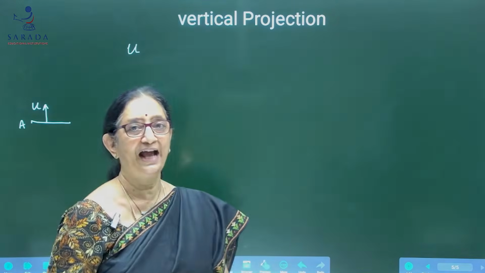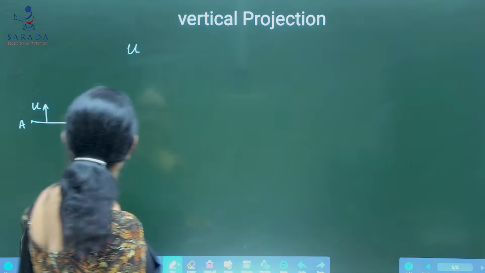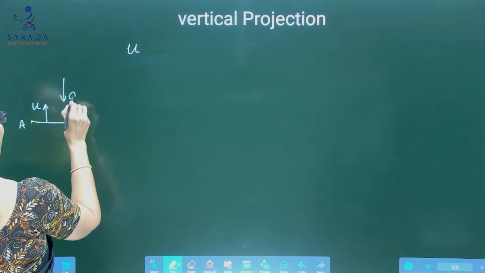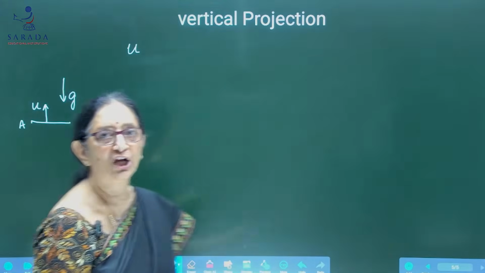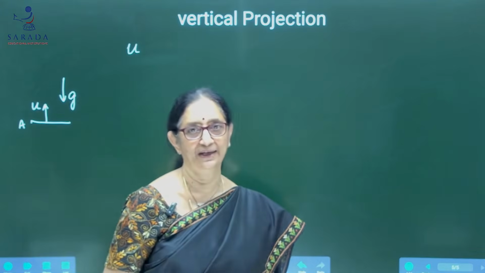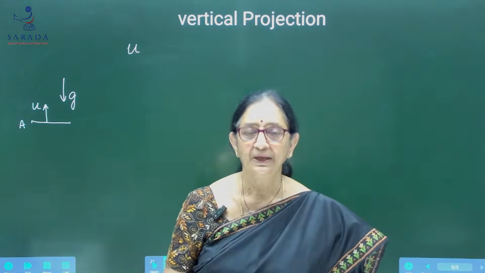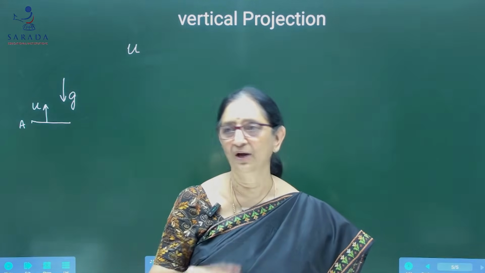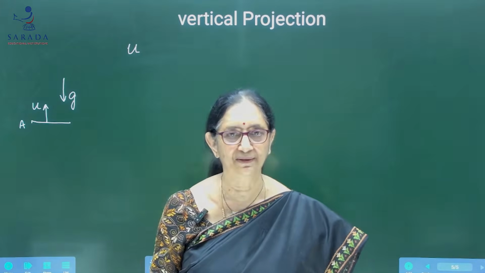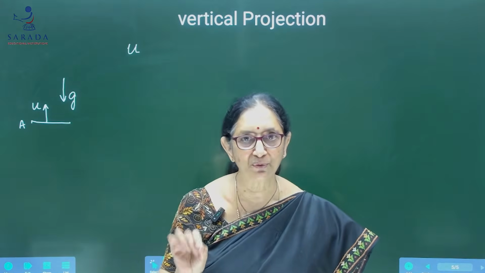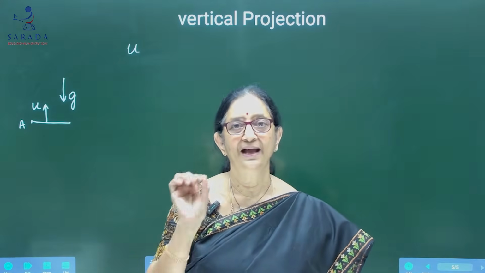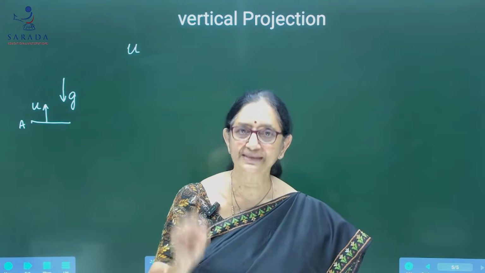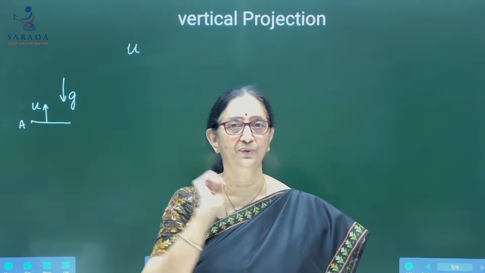What is its acceleration? Body is moving up, but its acceleration is acceleration due to gravity, which acts in the downward direction. We know when a body is in air, whether it is moving up or down or horizontal does not matter, gravitational force always acts in the vertically downward direction.